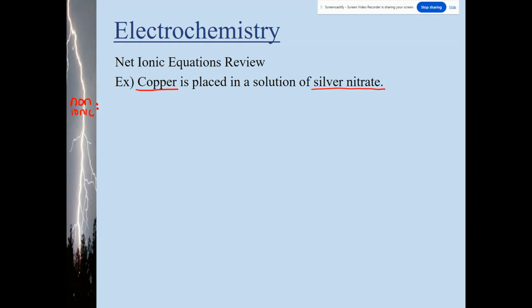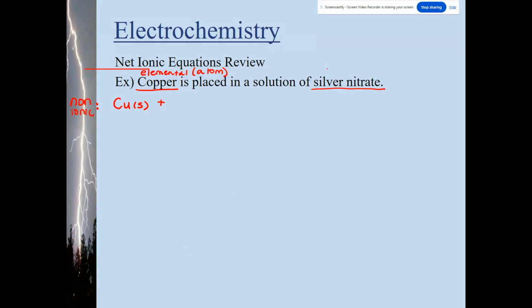So copper is by itself, so it's in its elemental form or its atom form, right? When elements are by themselves, if it's a metal, which in this case copper is, it would be Cu solid. Metals are all solid when they're in their atom form, with the exception of mercury being a liquid.